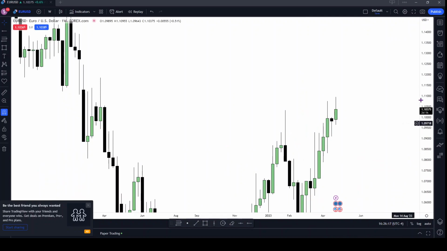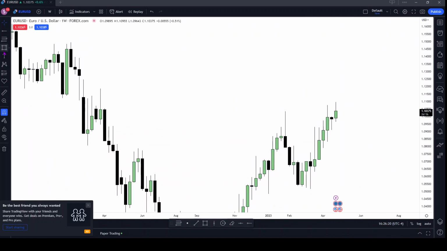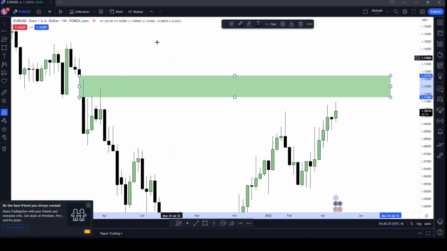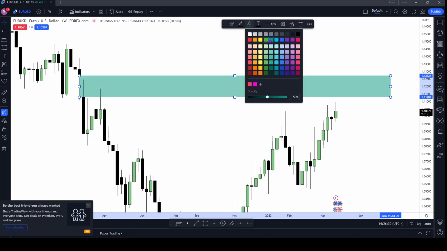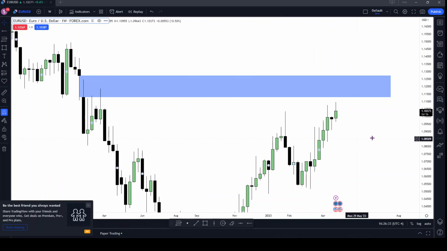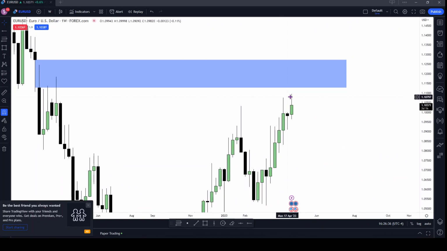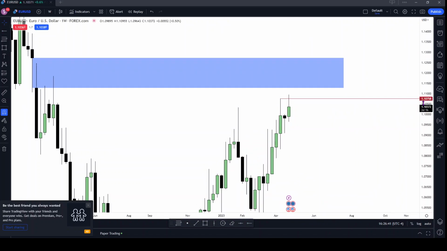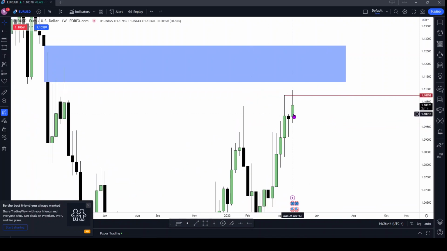Right, so Euro's been trading aggressively higher compared to GBP, and I have had my eye on this volume imbalance for a while now as its target on the weekly, so I'll keep that marked out. Let's make it blue. We've taken out this high here already this week, but there is no reason to think that it wouldn't continue to push higher into this imbalance, which I'm expecting some kind of turnaround from.